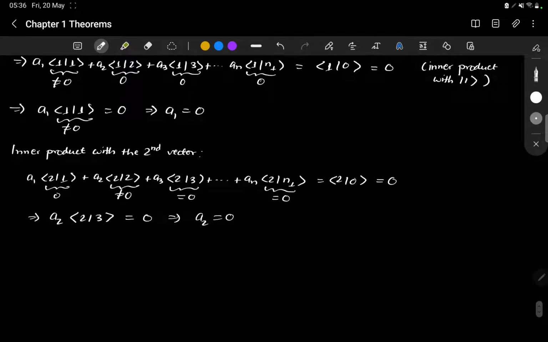What if we take the inner product with the third vector?